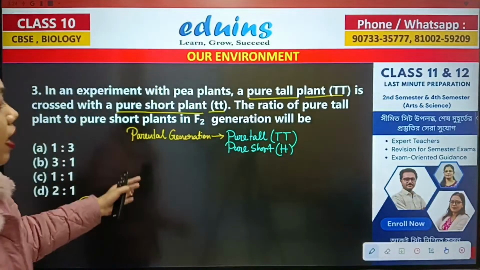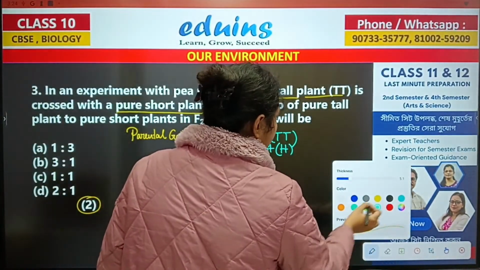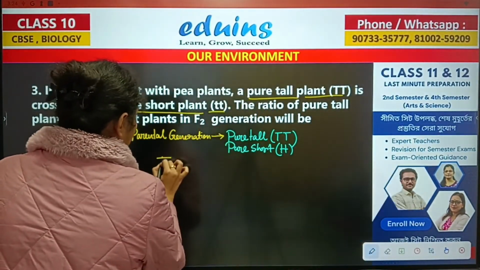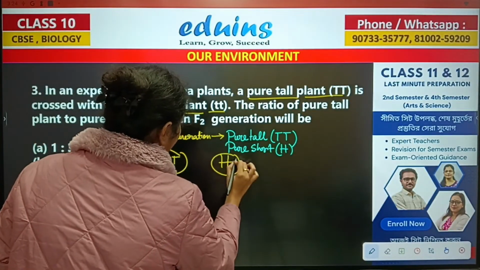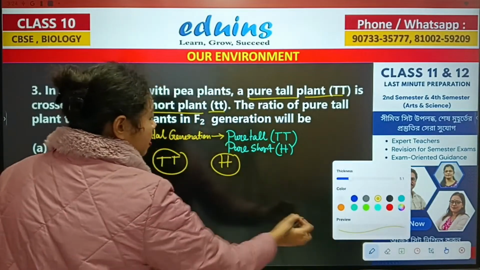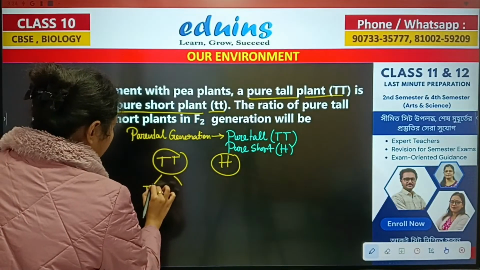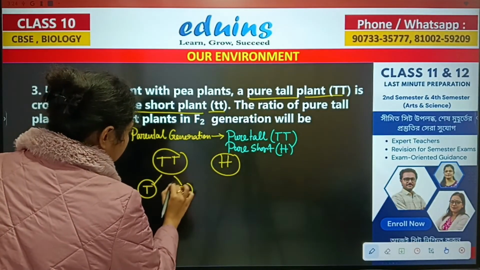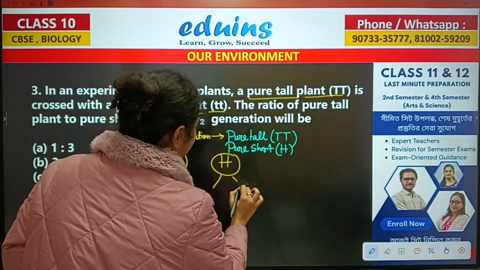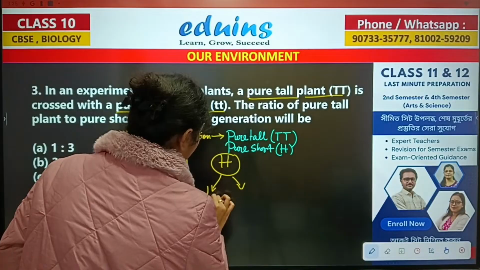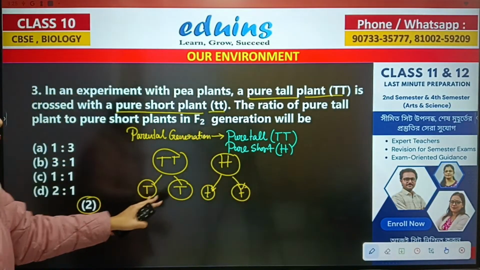If we cross between them, then we can get the gametes. From this pure tall plant we can get capital T and capital T gametes, and from this pure short plant we can get the two gametes, small t and small t.